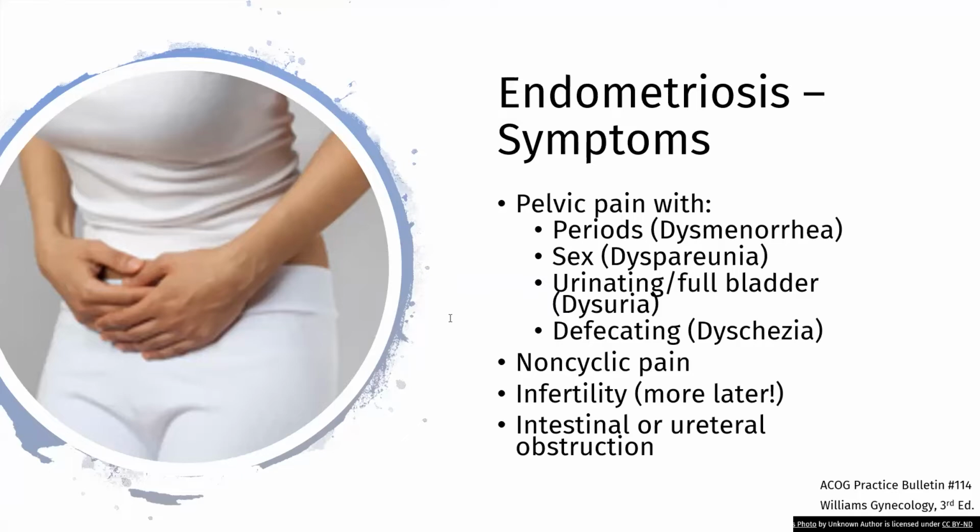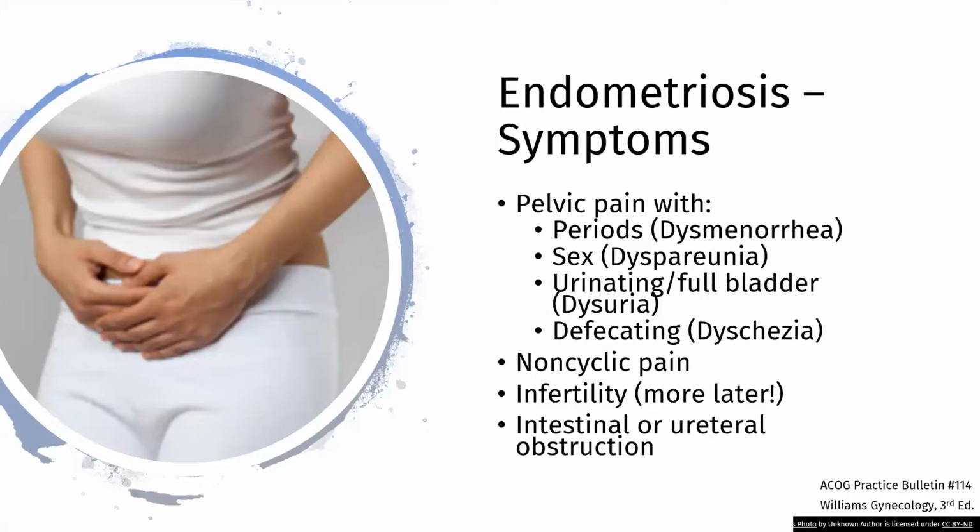So endometriosis symptoms can encompass any of the following. A patient may have very painful periods, which is what we call dysmenorrhea. They may have pain during sexual intercourse, which we call dyspareunia. They may have pain when trying to urinate, or if their bladder becomes full, which we refer to as dysuria. They may have pain when attempting to have a bowel movement, which we call dyschezia.